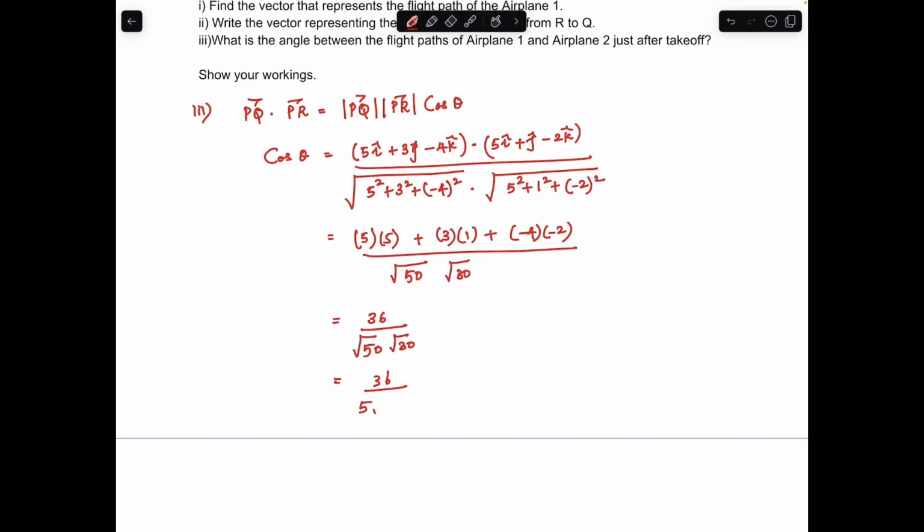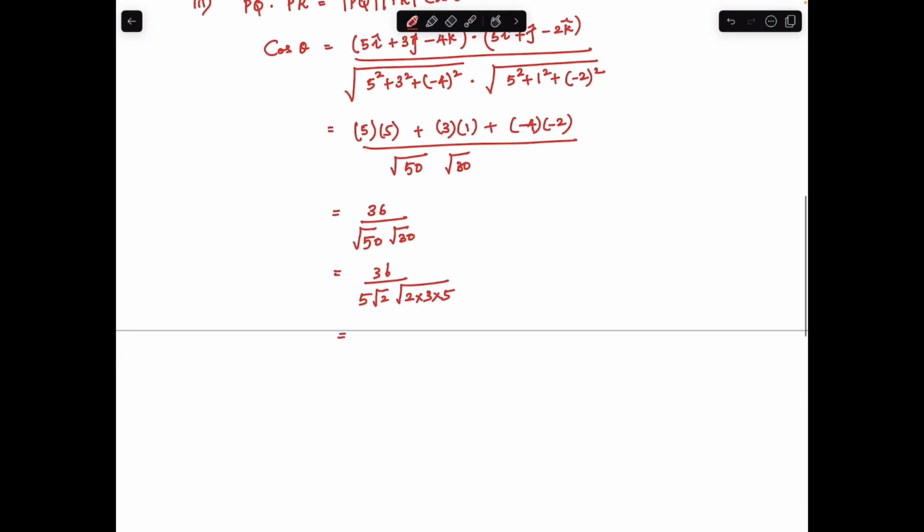That is 36 by 5 root 2 times root 30, and 30 can be written as 2 into 3 into 5, which gives us 36 by 10 root 15, that is 18 by 5 root 15.